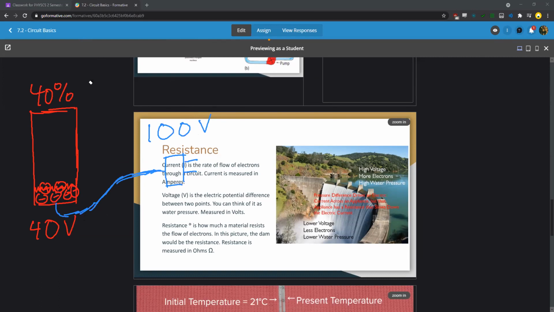This is not real. So you charge it to 40% and it's 40 volts now, and there's a potential difference of 60 volts.